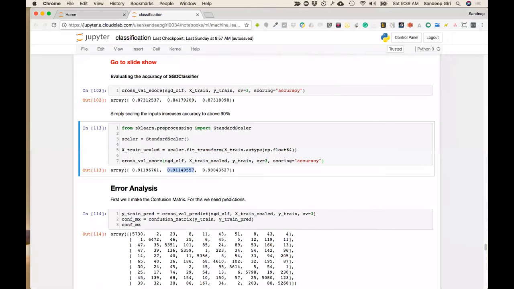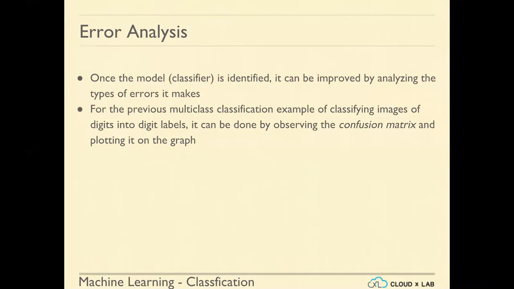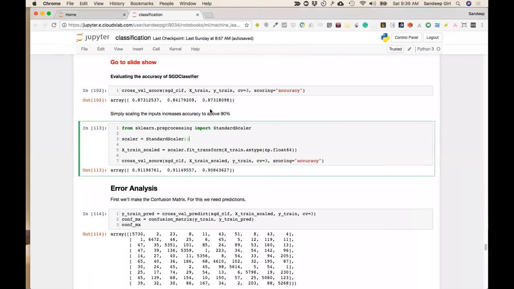So what we just learned is that we need to tweak our images as well, and we will learn to tweak them as we go ahead to improve the performance of the classifier. Let me just run it.